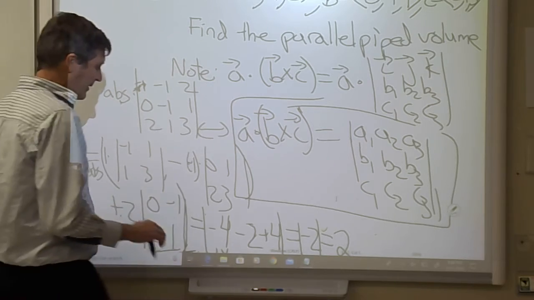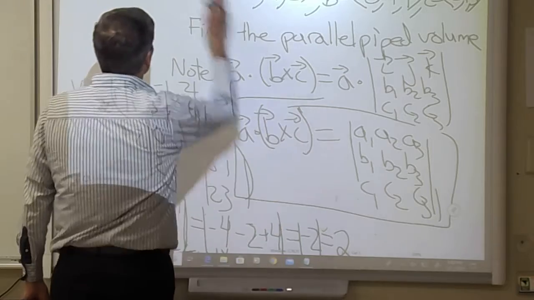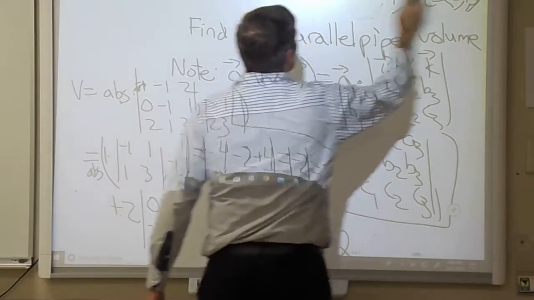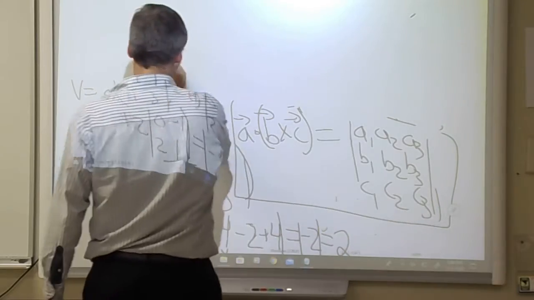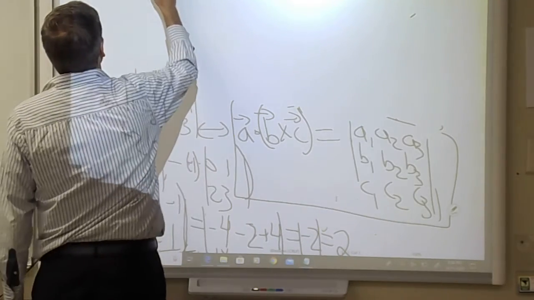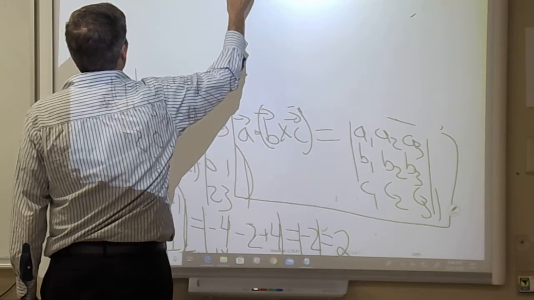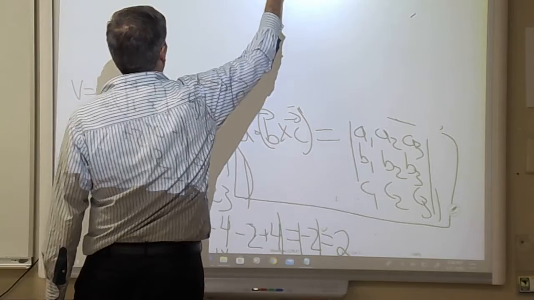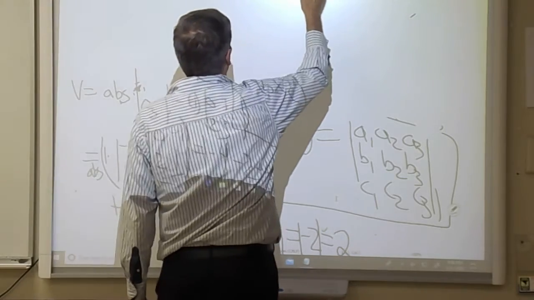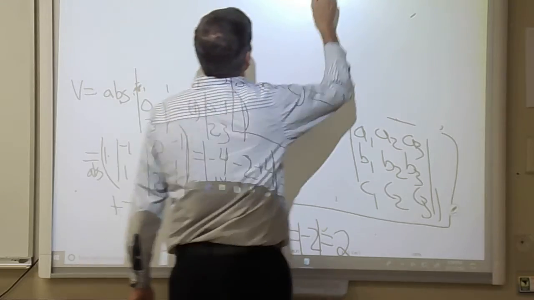There's a nice property that this scalar triple product has also that we should mention. If you take [A, B, C] in the triple scalar product and rotate them around, it has the same value, actually.